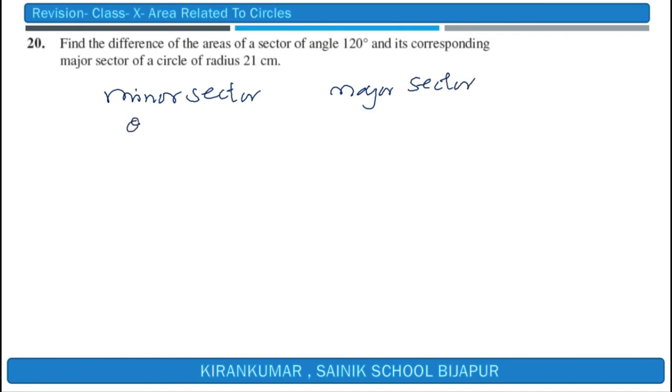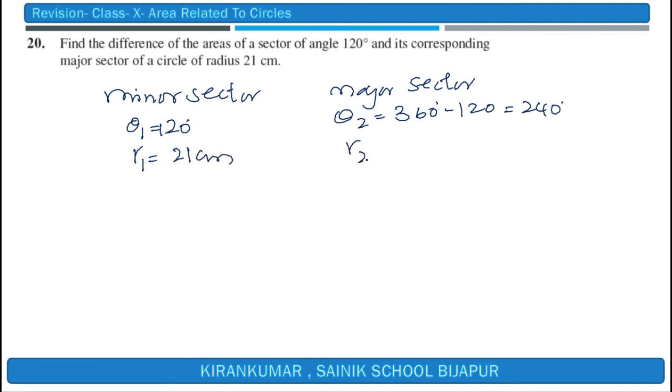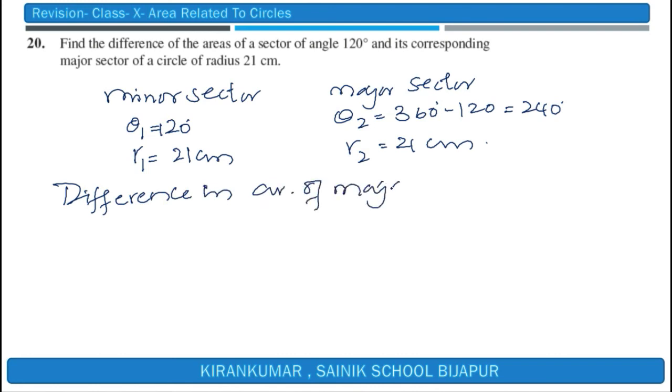If the angle of the minor sector is 120 degrees, the angle of the major sector will be 360 minus 120 degrees, which is 240 degrees. Here the radius of both the sectors is 21 centimeter. So we are asked to find the difference in area of major and minor sectors.